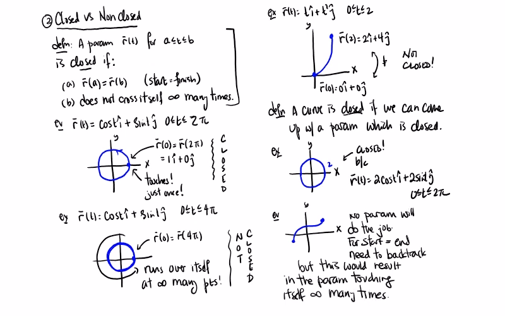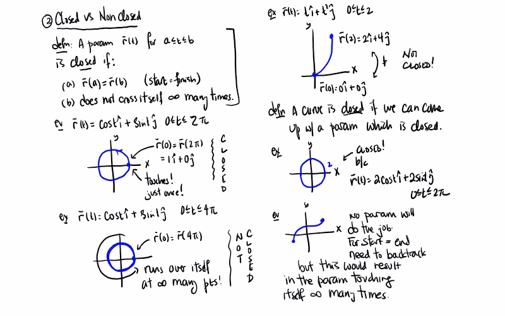So in an informal sense, a curve is closed if it begins where it ends. That's a loose definition. But a more formal definition is these requirements about not touching itself too many times and being more formal with respect to the parameterization. But basically, intuitively, it forms a loop.